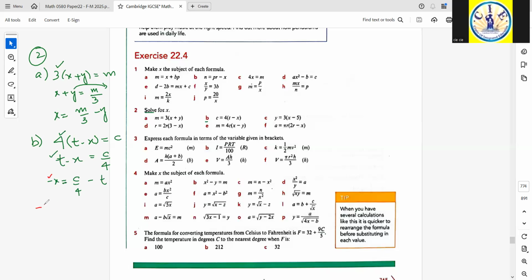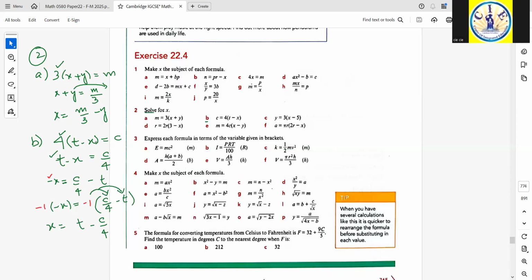So I can do it -1 times negative x. And on the right side also, I need to do -1 times c by 4 minus t, so that I can have positive x written on one side of the equality. And when this negative will be multiplied with both of these terms, t will become a positive term and c by 4 will become a negative term. So x has been made the subject, or we have solved the equation for the variable x.